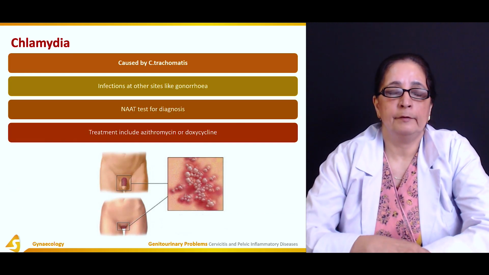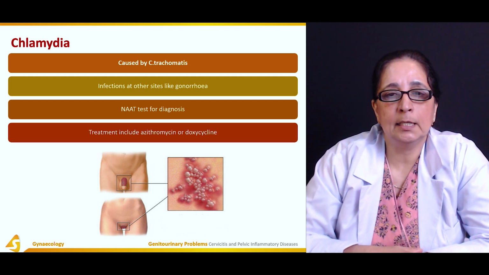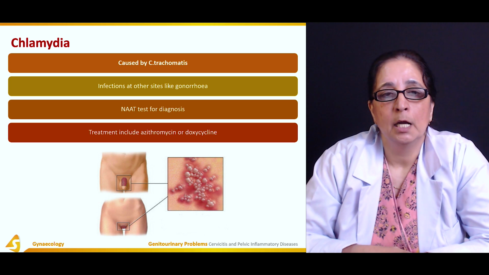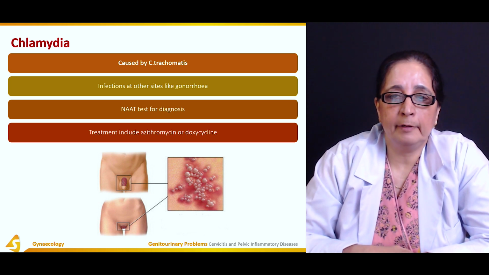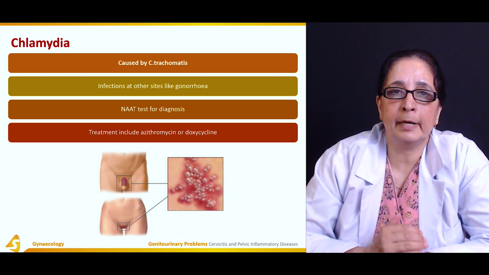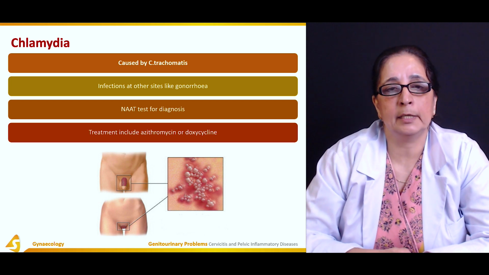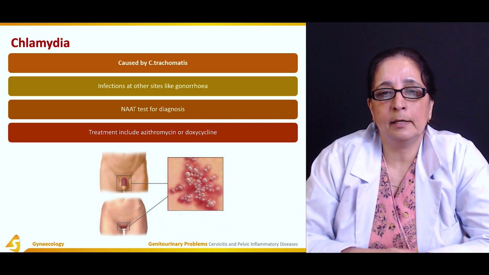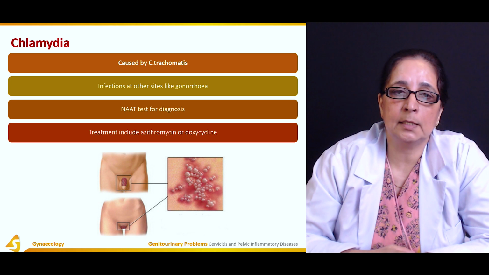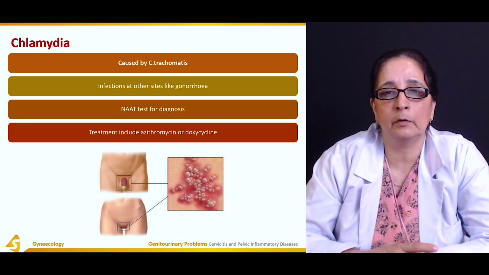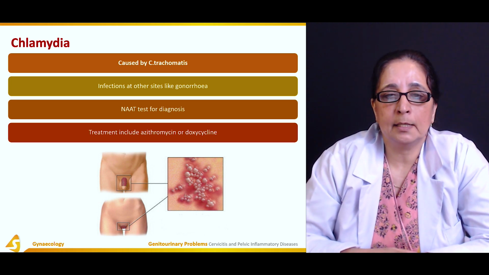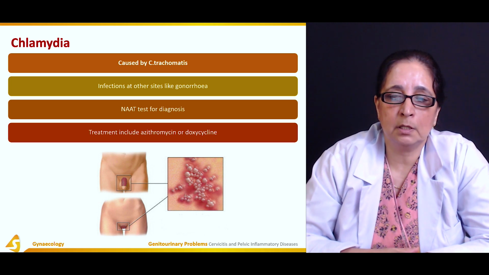Then the other infection is chlamydia. Chlamydia is caused by Chlamydia trachomatis. It's a very common bacterial infection, one of the most common bacterial infections. It also involves other sites like gonorrhea, and the NAT test is used for diagnosis.